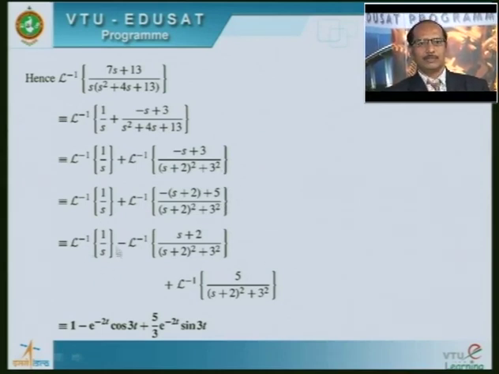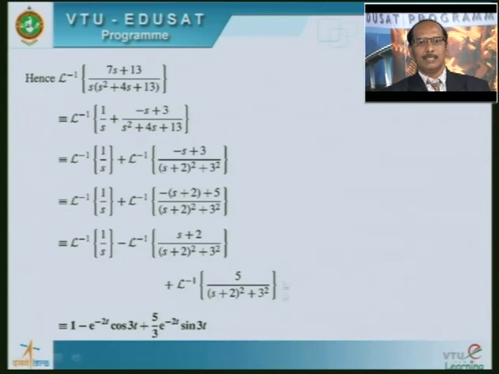So, the inverse finally: 1 upon s gives 1. This is by the shifting theorem. By the first shifting theorem, one can compare with e raised to at into cos bt. What is the Laplace transform of e raised to at into cos bt? It is (s minus a) divided by (s minus a) whole square plus b square. So, a is minus 2, b is 3. So, e raised to minus 2t into cos 3t is the inverse of this term.